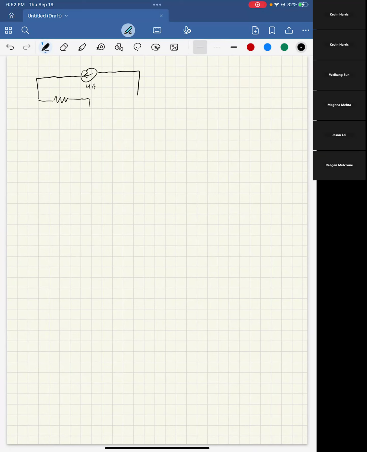I really think if you guys make sure you know how to write these mesh current equations and understand how to neutralize sources, make sure you don't neutralize the sources wrong, then you'll probably be good on this coming quiz.